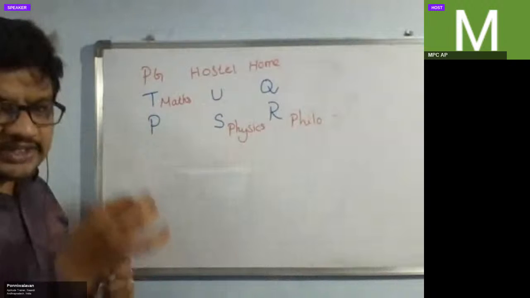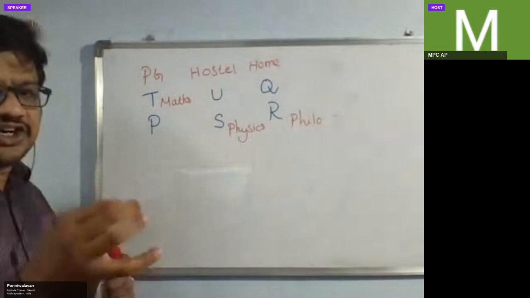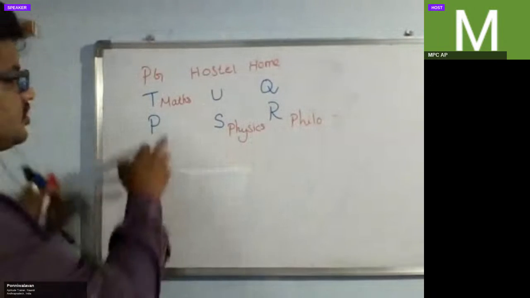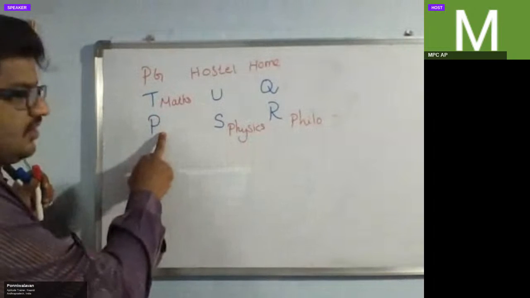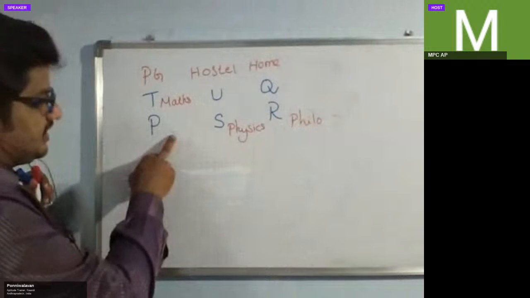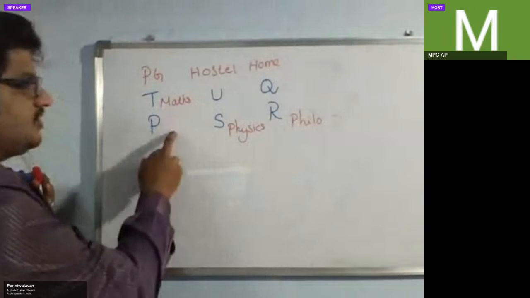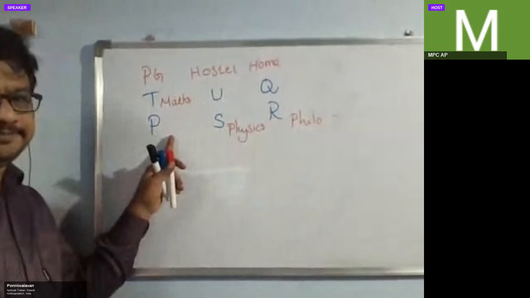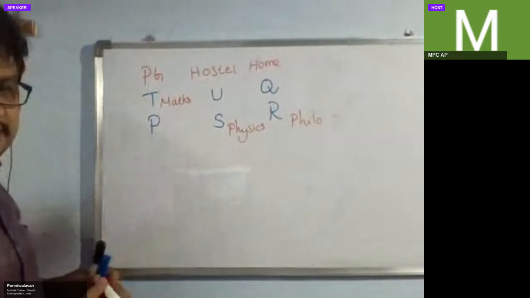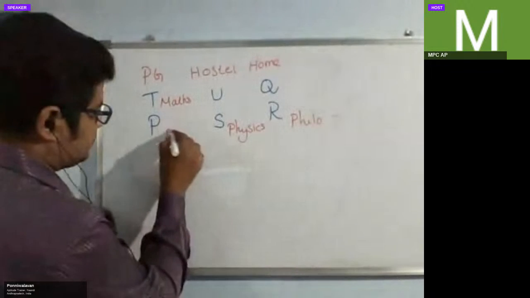The students studying statistics and history do not stay as PG. So this fellow will not study either statistics or history. So what is the subject he is going to study? English.